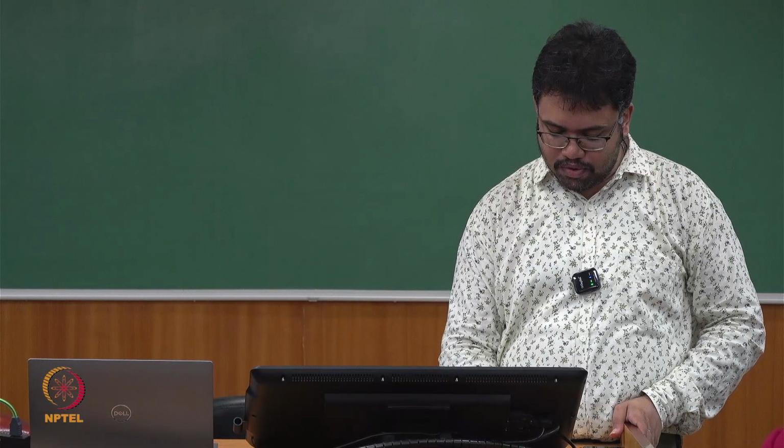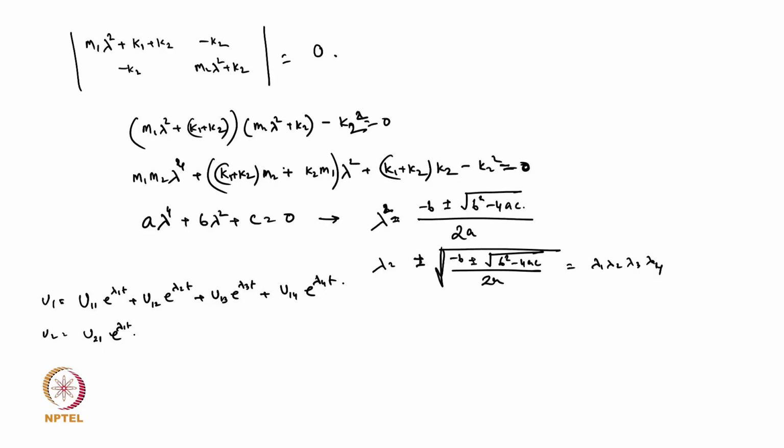And u2 will be equal to, maybe we can say, u21 e to the power lambda 1 t, u22 e to the power lambda 2 t, u23 e to the power lambda 3 t, u24 e to the power lambda 4 t. Get that? All the values of lambda are here. 4 values of lambda we got, and we will get the 4 expressions.